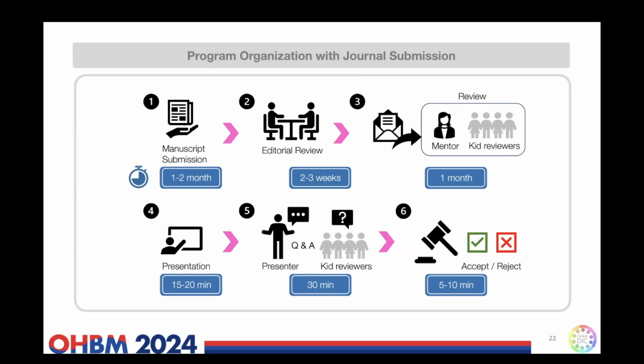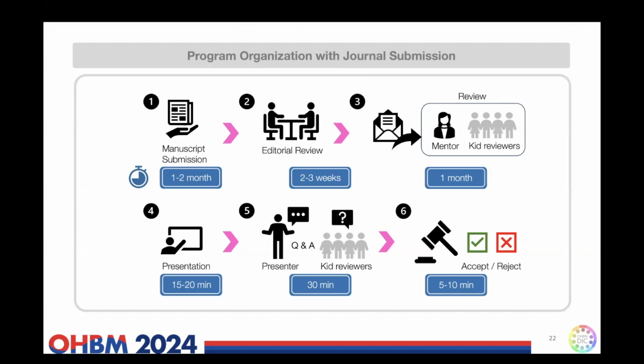After submitting the manuscript, it will go over an editorial review step, which may take about 2 to 3 weeks. Once it passes the desk review, it can go to the kid reviewers with a linked mentor so that they have enough time to understand what the manuscript is about.